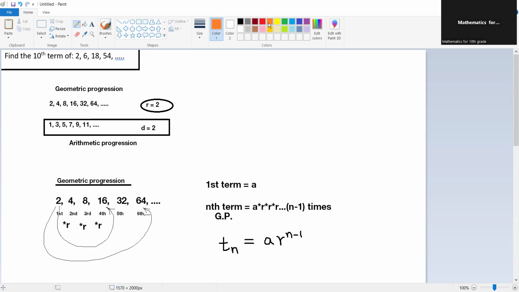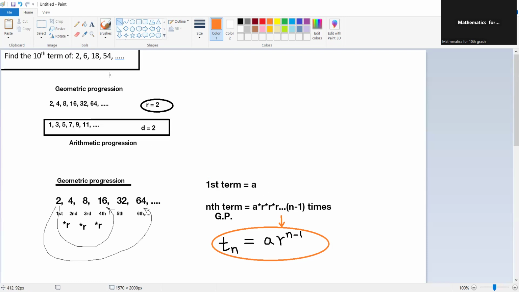So now this is the formula for the nth term of a geometric progression. It comes from the upper one, it comes from this explanation. So the first term multiplied by r n minus 1 times, so r power n minus 1.